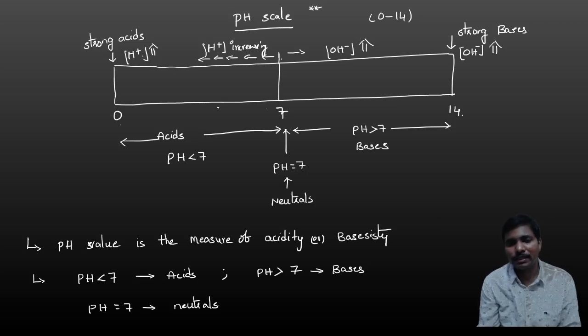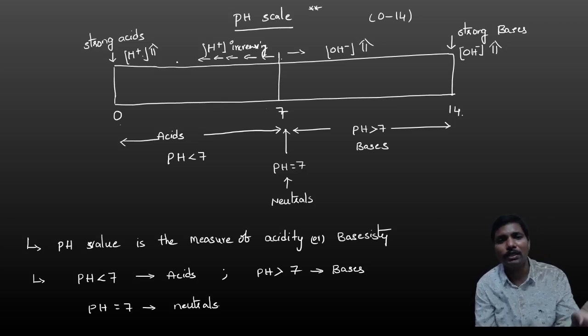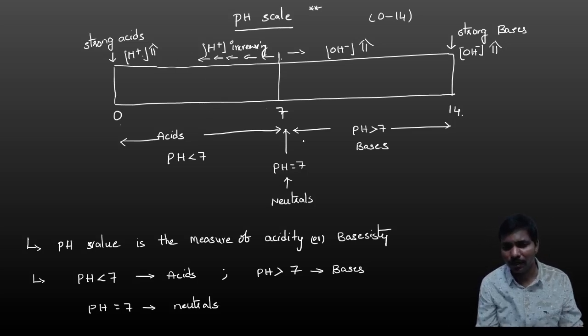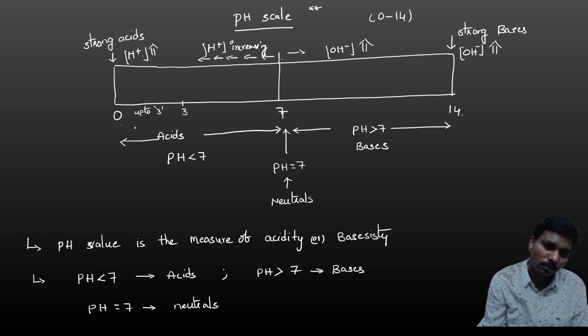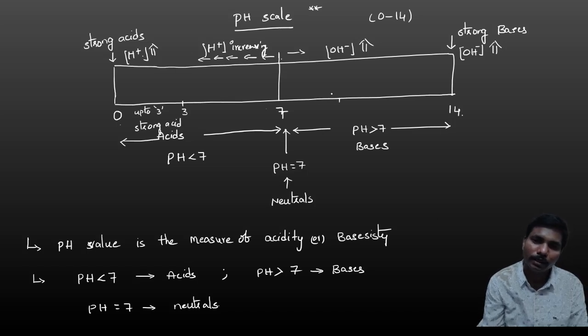Greater than 3, like 4, 5, 6, you can say weak acid. Here also, up to 10 is a weak base, and more than 10, like 11, is a strong base.